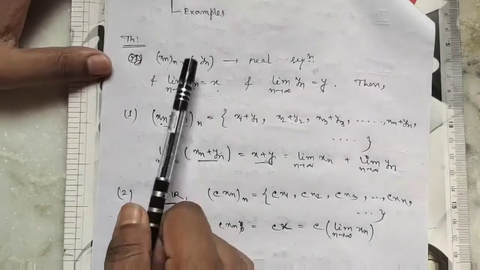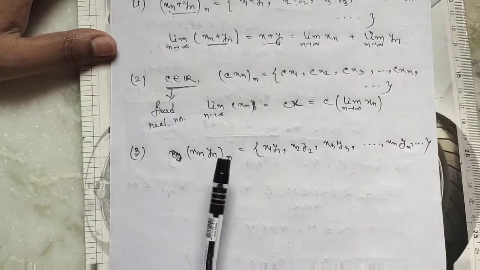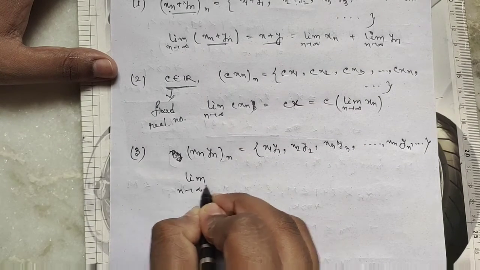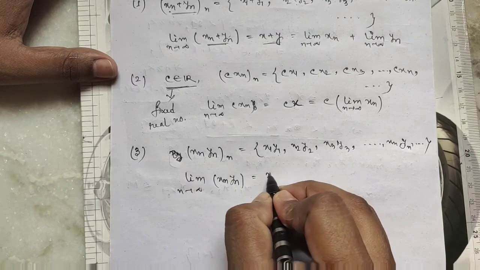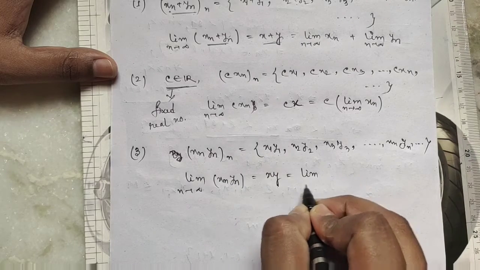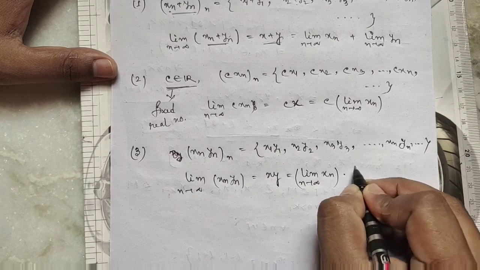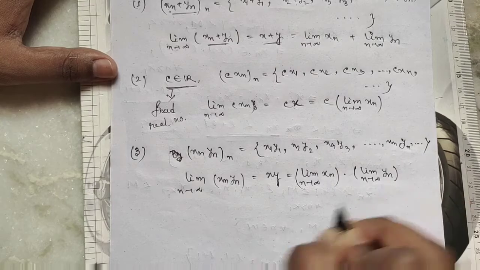If xn converges to x and yn converges to y, then this sequence is convergent and converges to xy, that is, limit n tends to infinity xn times limit n tends to infinity yn.